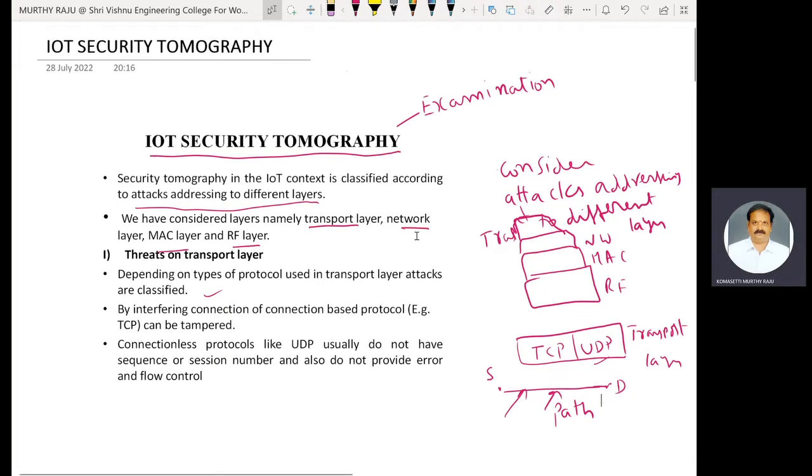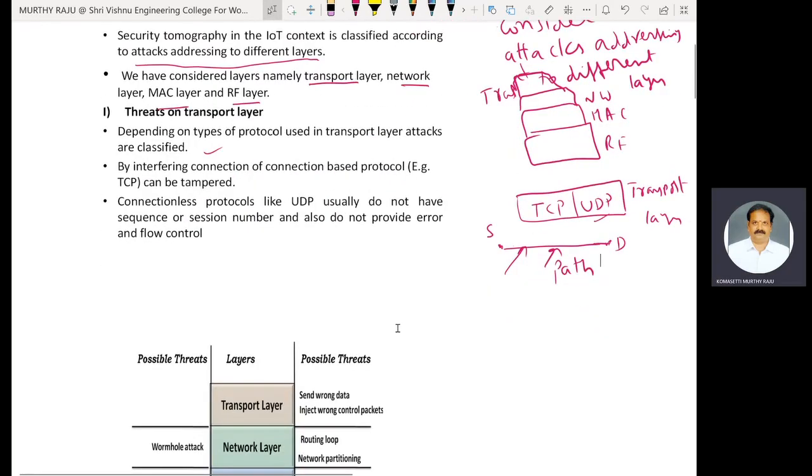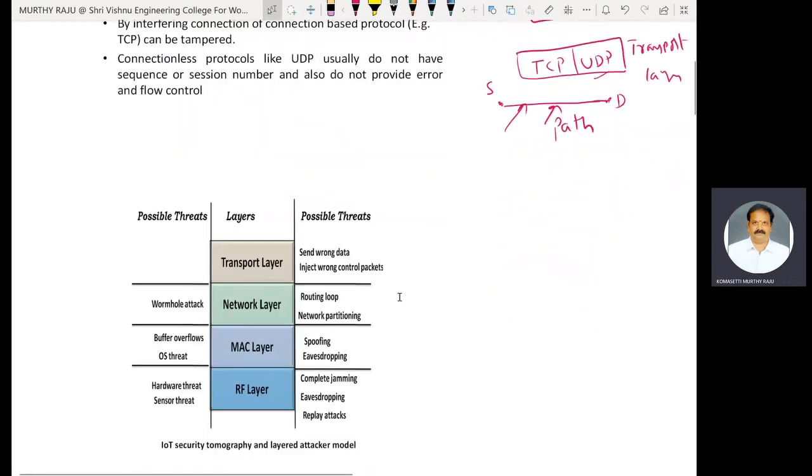How to disturb the connection between the source node and the destination node? By considering the TCP protocol, transmission control protocol. At the transport layer, I have already explained TCP and UDP, the two protocols used to serve the transport layer functions.